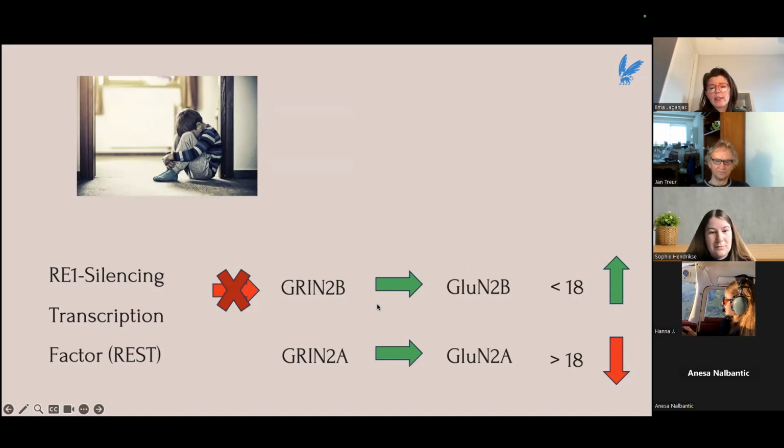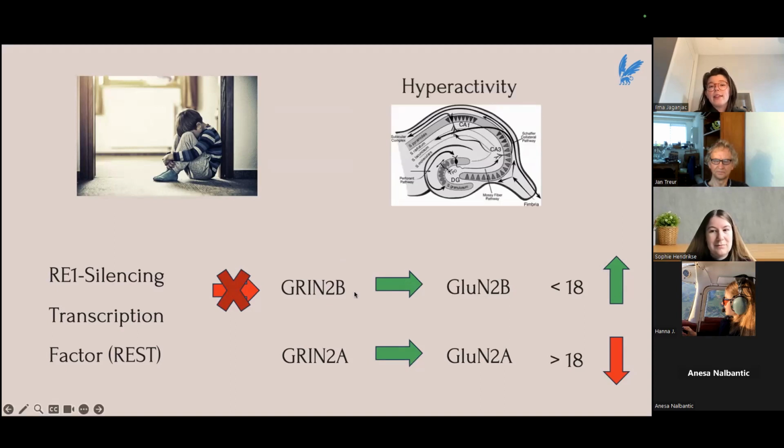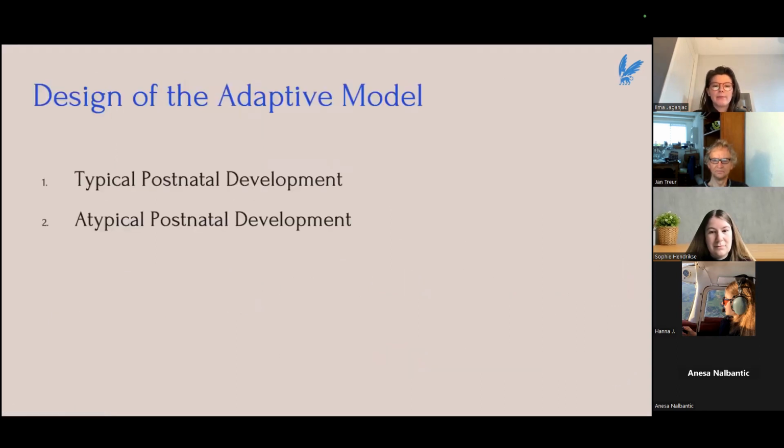And in turn, what you get is a lot more GluN2B because GluN2B's expression is no longer blocked. So then you have a lot more immature neurons with a very high synaptic plasticity. And this in turn leads to a hyperactivity in the hippocampus. And when there is a high activity in the hippocampus, these false memory generations come up increasingly, because a lot of immature neurons have this high synaptic plasticity.